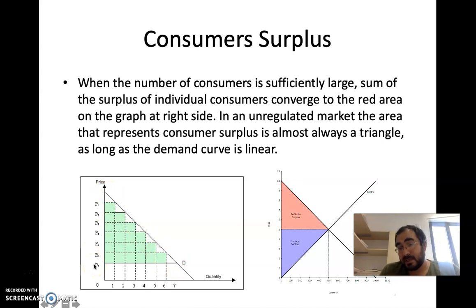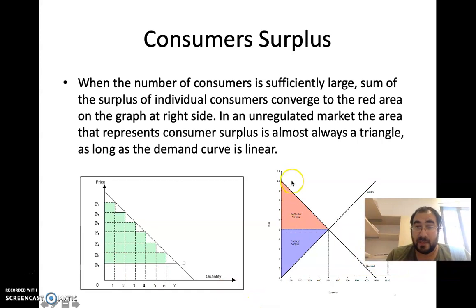So consumer surplus is, at least in a non-regulated market, the area between the y-axis, a horizontal line drawn from the equilibrium price, and the demand curve. In a regulated market, it will change. We will see that in a minute.